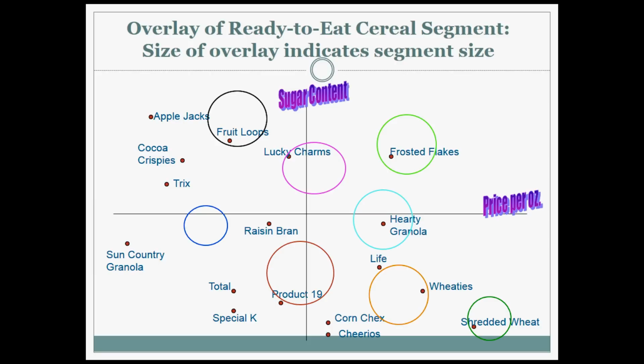If you have the Frosted Flakes brand and it's already centered almost in that segment, you may say, I don't really want to move Frosted Flakes. I want to keep it where it is, but I want a different brand to go after part of the share that product 19 has, because I can create some associations that get after that segment, maybe with a different name. So it becomes, what do I want people to associate with my brand?